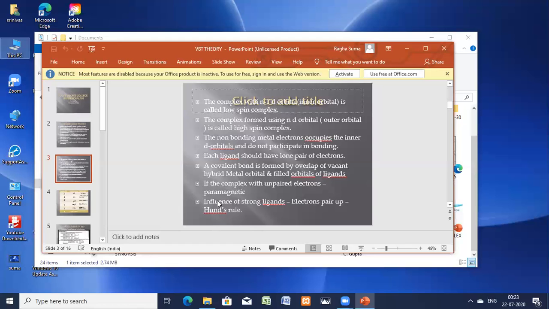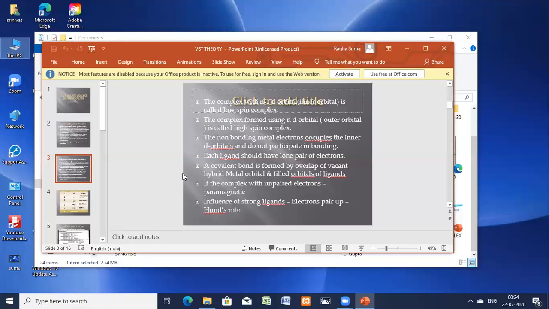Under the influence of strong ligands, electrons pair up against Hund's rule, so they don't follow Hund's rule. Okay, now let us see the coordination number, the hybridization, and the shapes.